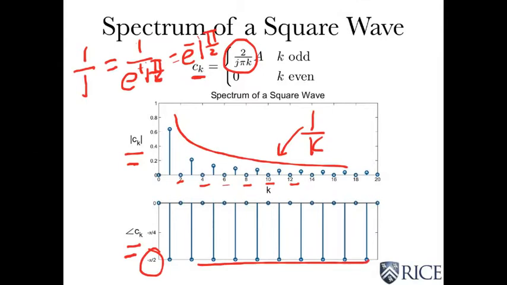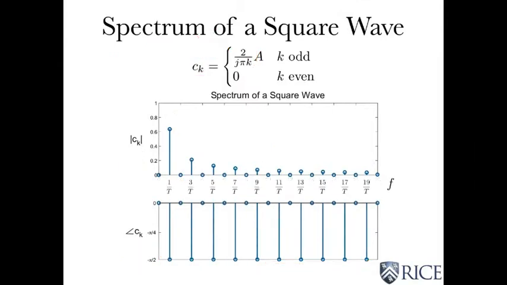So that's the spectrum, and a spectrum is a function of frequency. And all I've done here is relabel the axis to express exactly that the spectrum is a function of f. This is in hertz. Okay, so it consists of a complex exponential at 1 over T, 3 over T, 5 over T, etc. So if the period was 1 millisecond, that'd make the fundamental frequency 1 kilohertz.